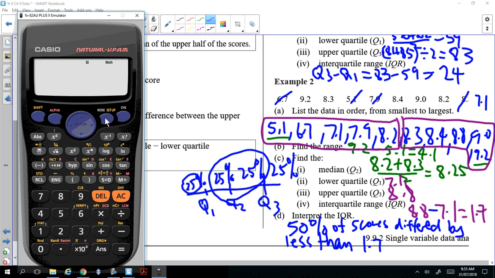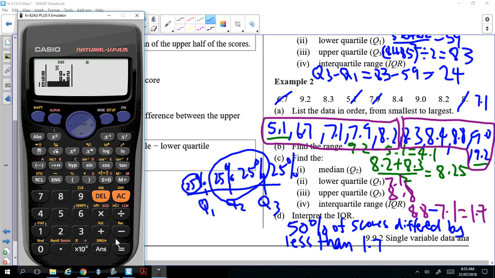Let's put in the scores. 6.7 equals, 9.2 equals, 9.2 equals, 8.3 equals, 5.1 equals, 7.9 equals, 8.2, 8.4 equals, 9.0 equals, 8.2 equals, 8.8 equals, and 7.1 equals.